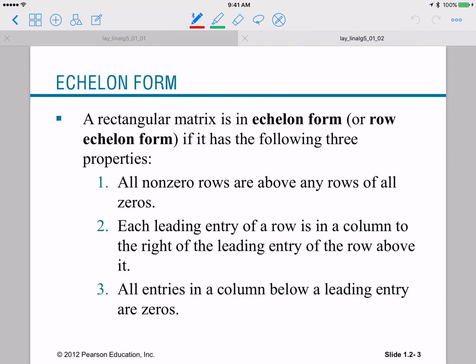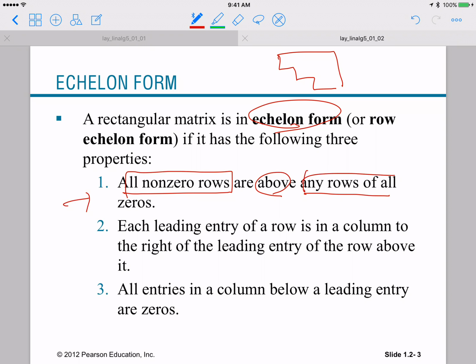Now it's time to verbally formalize or define this staircase shape of our matrix, which is called echelon form. The first condition is that all non-zero rows are above any rows of all zeros.